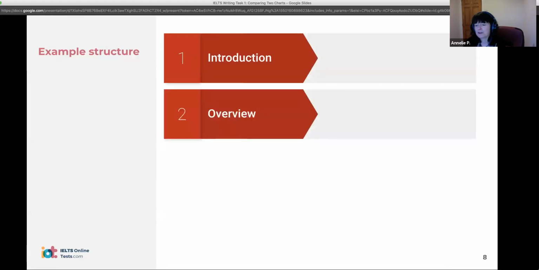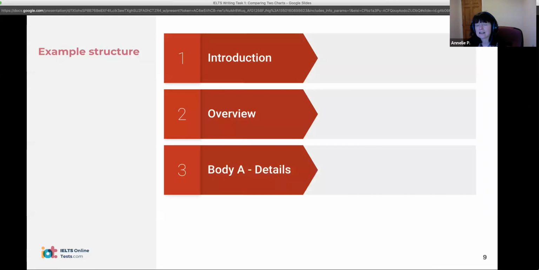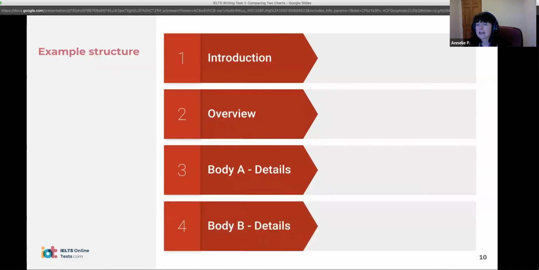Then we're going to move to the overview. And then, yes, Patricia, then we're going to look at the body. And since we have 2 different charts in this case, then we're going to have 2 paragraphs in our body. Okay. So how about the introduction? What are we going to put in the introduction, and generally how long is it?